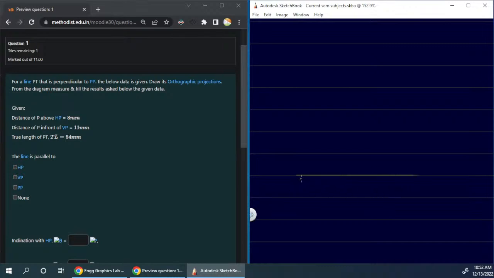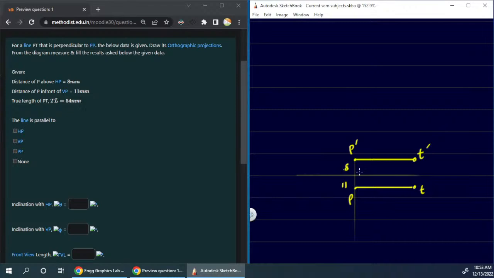Okay, so distance for this is going to be 8 above and 11 in front. True length is 54 and perpendicular to PP. Okay, so continuity, and it's going to be like this, right? So note is not needed in here. So p dash p, the point is going to be t dash and t, right?